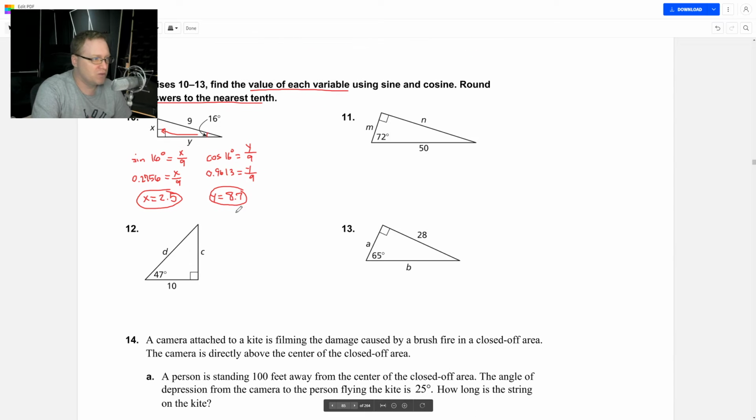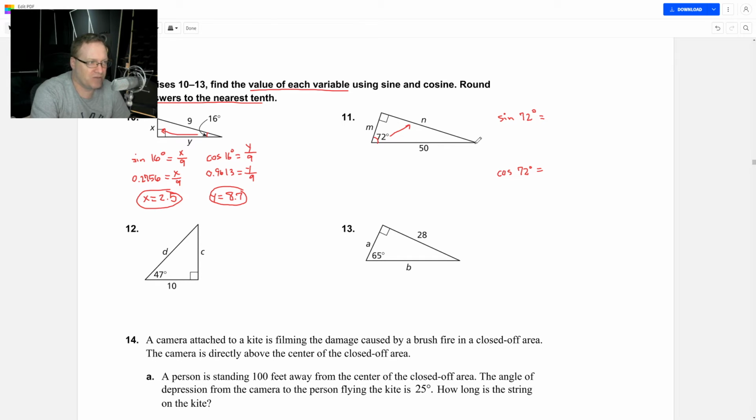Let's do the rest of these, and I'll try and go very quickly. Here we have an angle. Now we're going to use the sine of 72, and we're going to use the cosine of 72. The sine is the opposite over the hypotenuse.